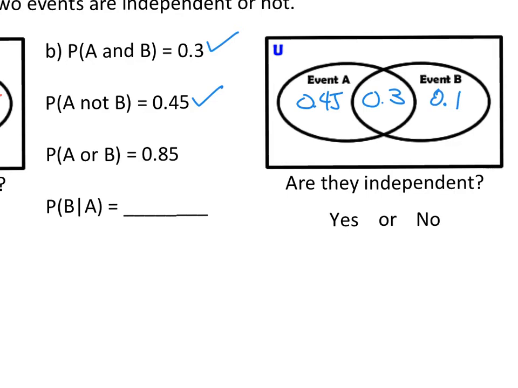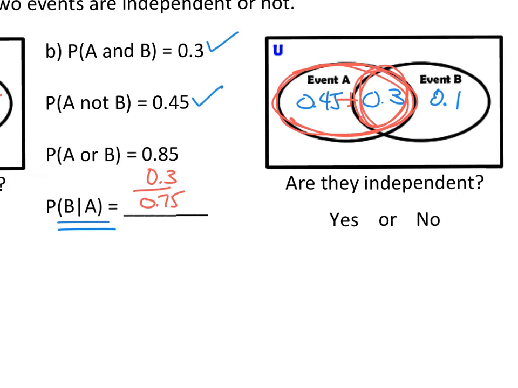Okay, so now I'm looking for the probability of B given that A happens. Again, I'm going to just focus on the A circle. The total probability there, I can see, is 0.75 because that's just this 0.45 plus the 0.3. But the probability of B happening within that circle is limited to just that intersection, this section right here, which is 0.3.